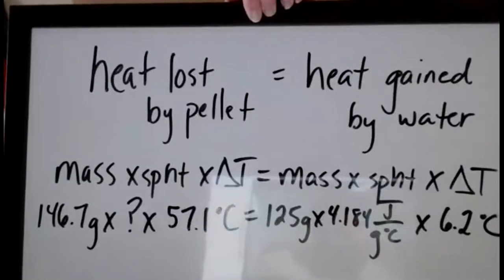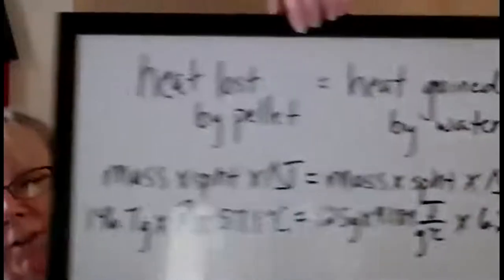Yes. Okay, so I basically cancel my units first. I'm going to take the gram out on both sides, just canceling my unit to clean it up. Then I'm going to cancel my Celsius unit.